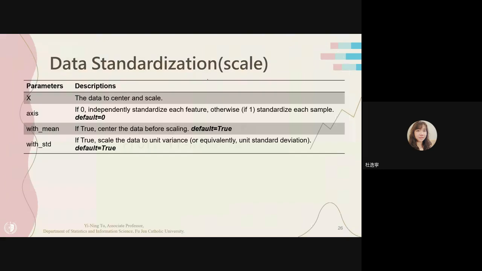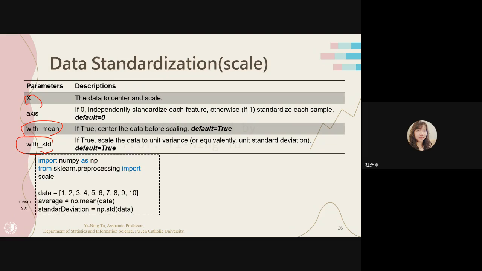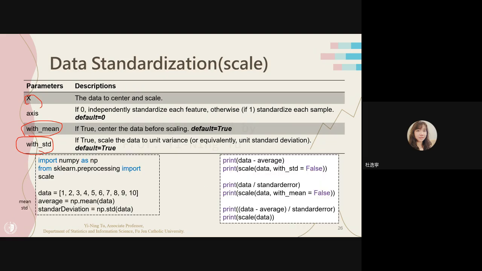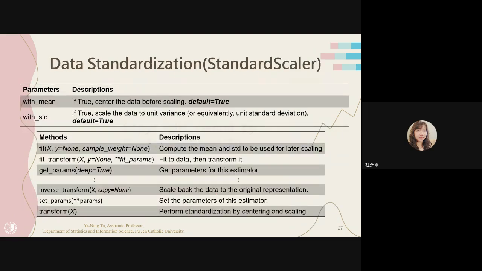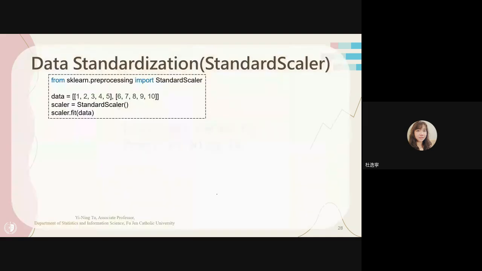So when we use the standardization, we have with mean, with STD, and the original values. This is a demonstration but I don't want to spend time on it, I'm just telling you the result was the same. Okay, so we will try to do this part.